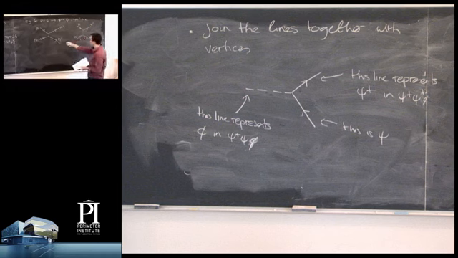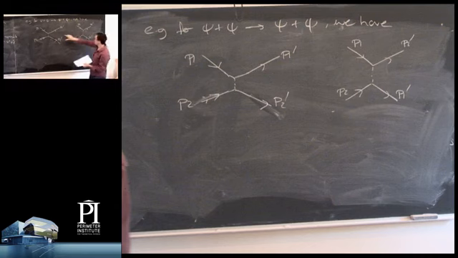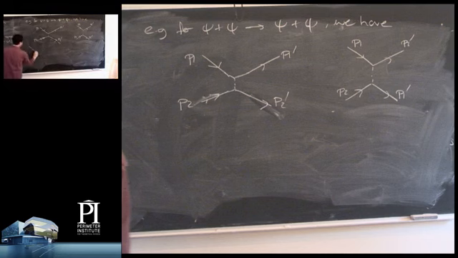So this diagram is different from this diagram because these particles here are being exchanged. So these are 2 diagrams, but there's also more complicated diagrams that we could draw. So we could draw something like the following.